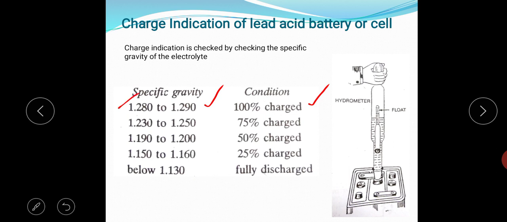This position tells us the maximum charging state of the battery. Whereas as it drops because of discharging, if it reaches this value, it means your battery is fully discharged. So this is how you can check the specific gravity with the help of this hydrometer.